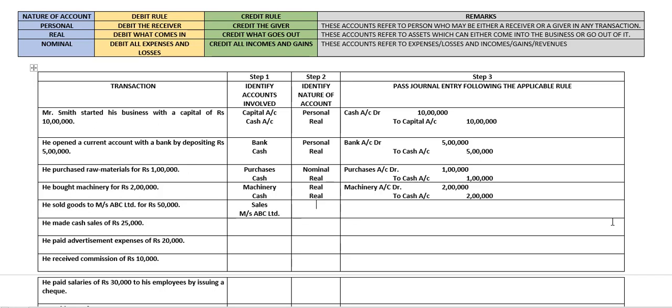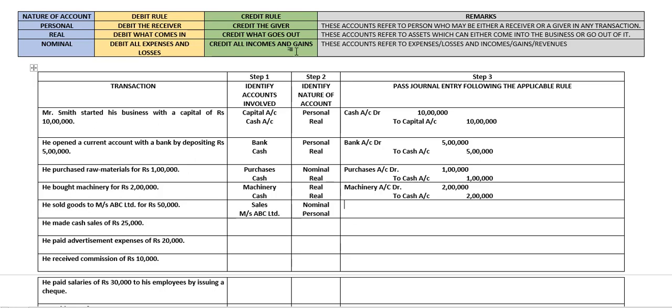Now again, let's go to their nature. As we know, sales is an income or revenue, and all revenues or incomes or gains are nominal. So sales is a nominal account. And Mathers ABC Limited, being an artificial or legal person, is a personal account. Now we know by the rule, nominal account can be either expenses and losses, in which case they are debited, or incomes and gains, in which case they are credited.